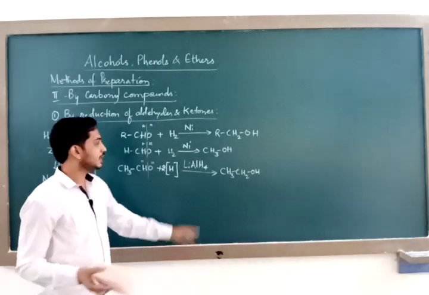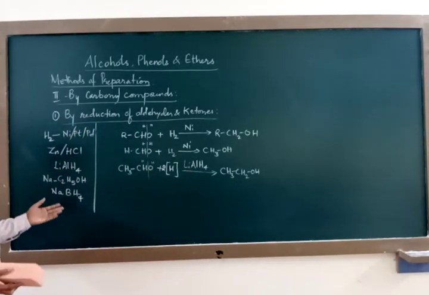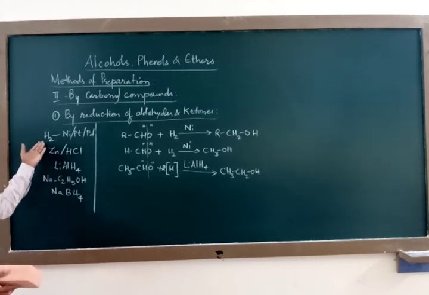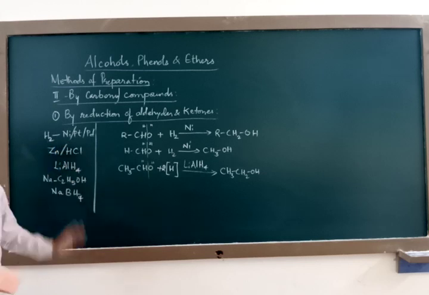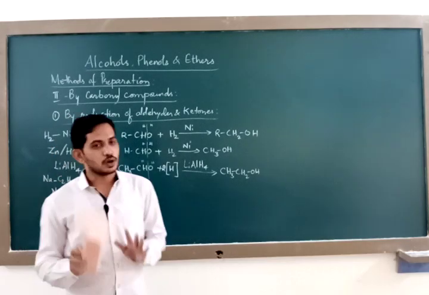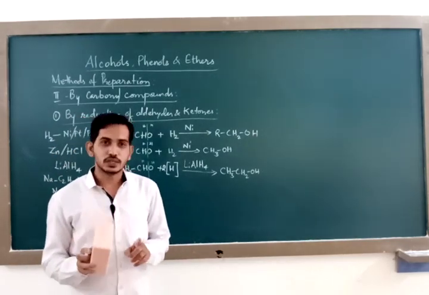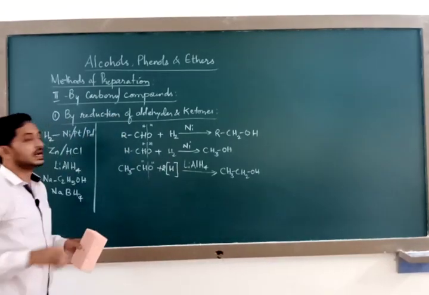Other than lithium aluminum hydride, you have many reducing agents which can be used, like sodium in ethanol or sodium borohydride or hydrogen in presence of any of these catalysts or zinc in HCl. The only problem with lithium aluminum hydride is that it is costlier, but it is a very good reducing agent to reduce organic compounds. Now this was reduction of aldehydes and ketones.